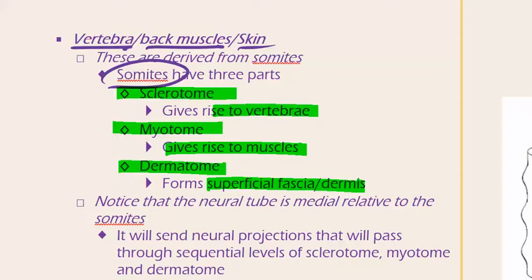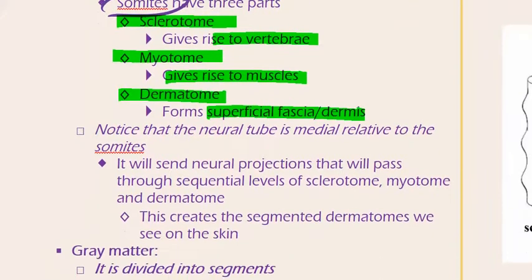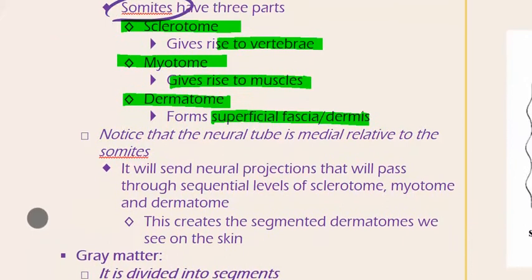You're talking about innervation, or are you talking about what actually forms the muscle? What actually forms a muscle comes from the paraxial mesoderm, which is part of the somite, which leads to the myotome, right? Exactly. Okay.